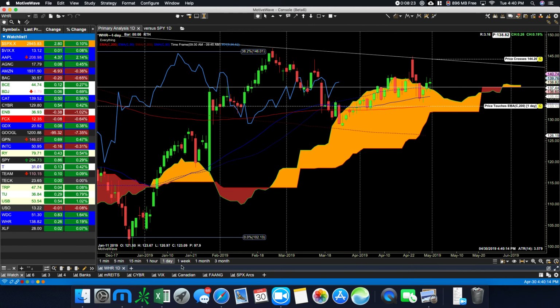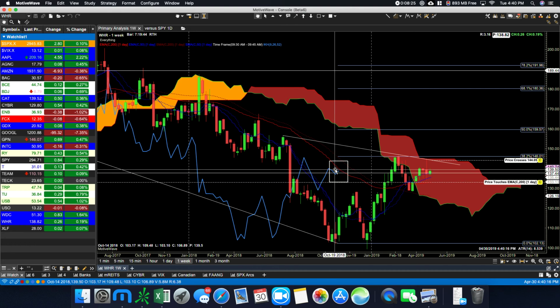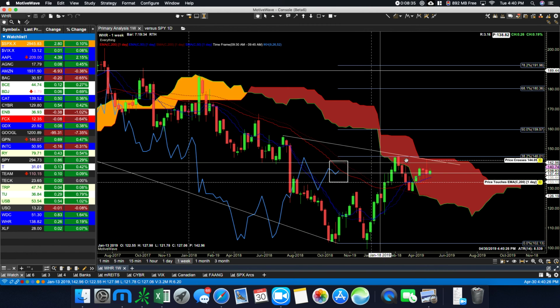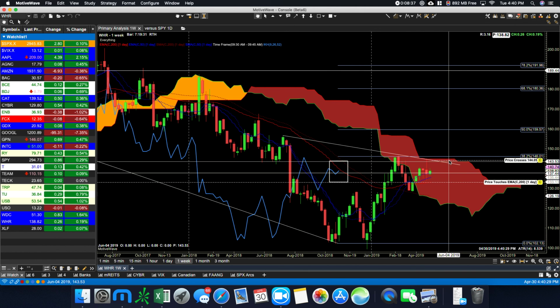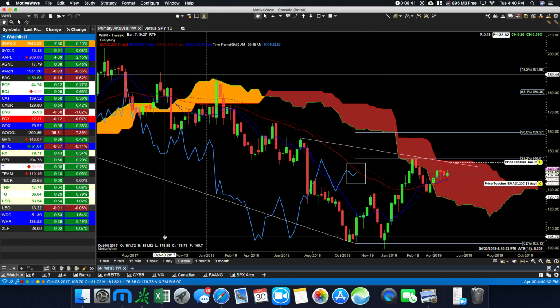So we did actually have the Chikou span hit the 200, but it pulled back and ended below the 200. So that's going to be our break area, and we might want to take a look at a little bit of a position, but we're going to see resistance at the top of the cloud. Eventually it's going to break out. I'm confident that WHR is a stock that I want to own in the next few weeks.